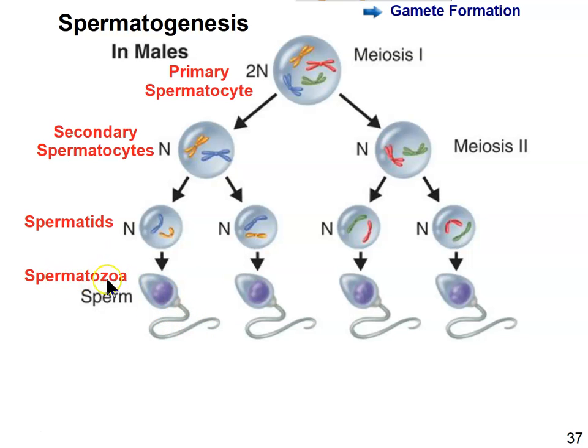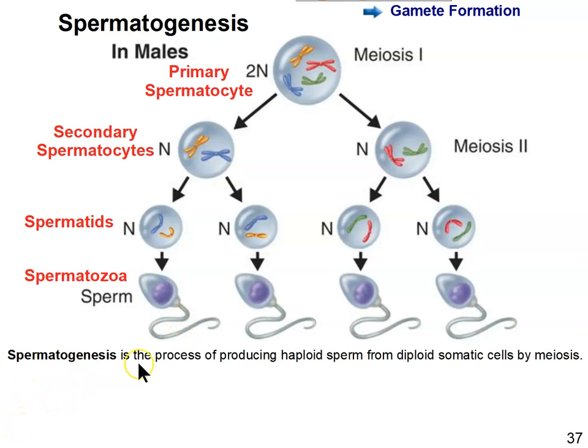And that's where the zoa comes in, because we call protozoa that because they look like little one-celled animals, and spermatozoa are called spermatozoa kind of for the same reason, because they look like little one-celled animal-like organisms. And of course they are animal-like because they're the product of animal cells. So to summarize here, spermatogenesis is the process of producing haploid sperm from diploid somatic cells by the process of meiosis.